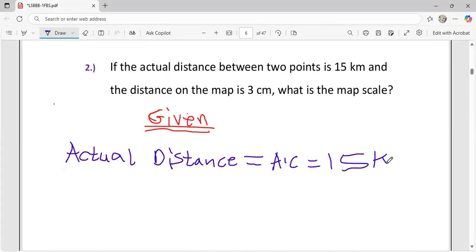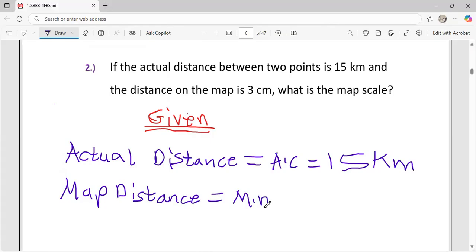And the distance on the map, I will call map distance, which is equal to MD. So the map distance, MD, is also equal to what? 3 centimeters. Good.